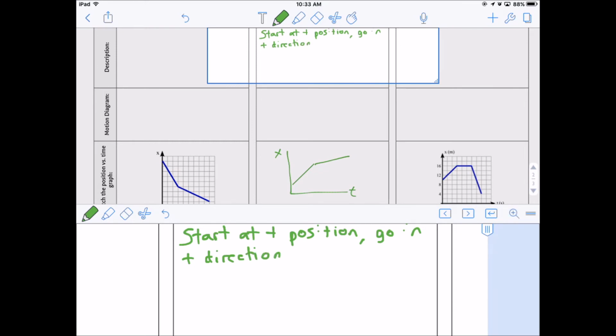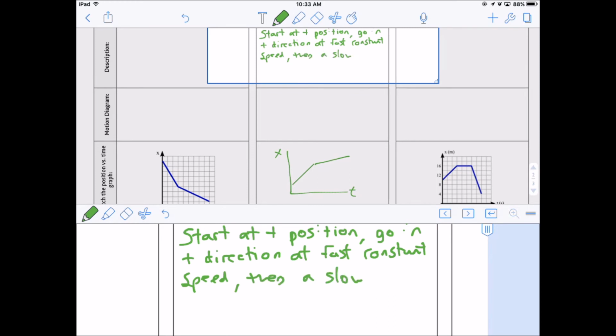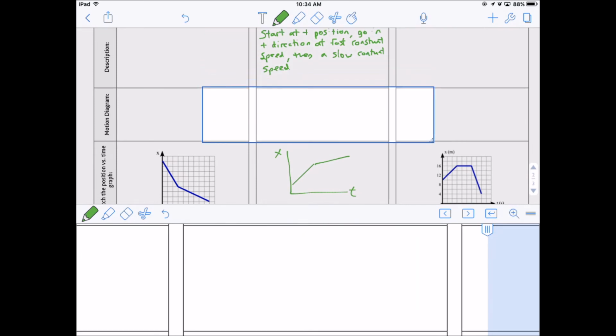And that line is steeper at the beginning than at the end, so he must be moving at a fast speed, and it's constant because that line isn't changing. So he's going in a positive direction at a fast constant speed. Then it changes to a slow constant speed. And that's about all we need to write down there.